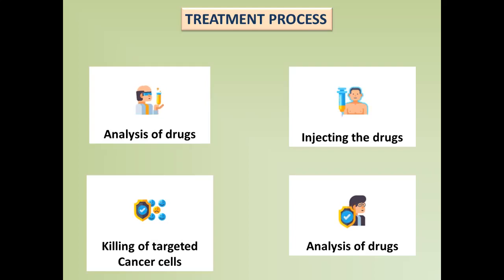Usually, it will not identify, it will go on working. But after 24 to 72 hours, after a particular time, it will leave the normal cell and go away. But it will stay for more time in the cancer cells.